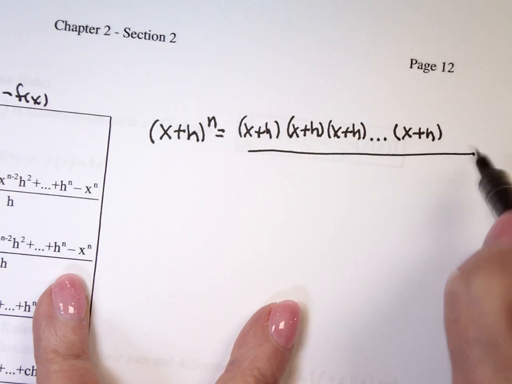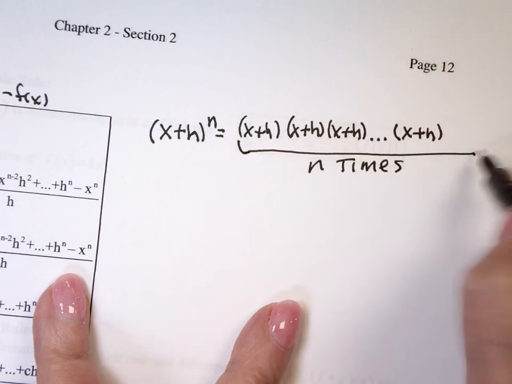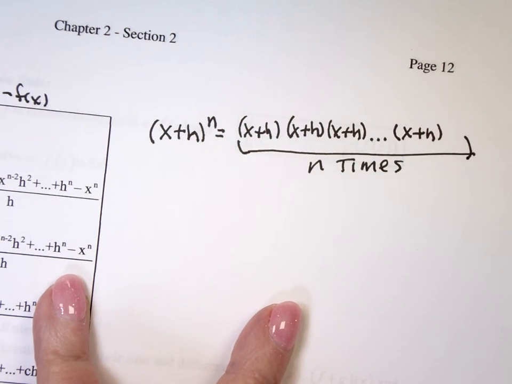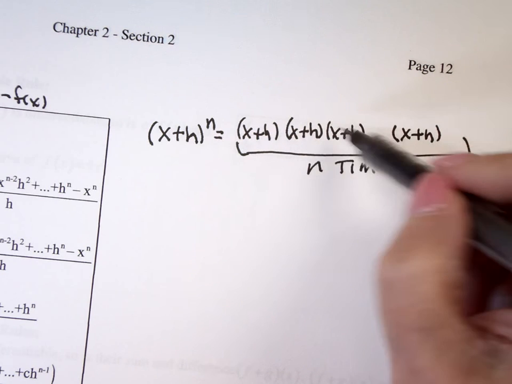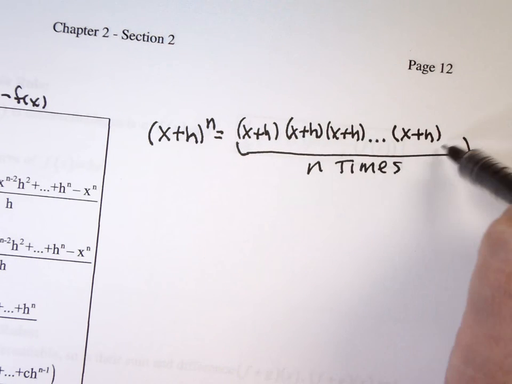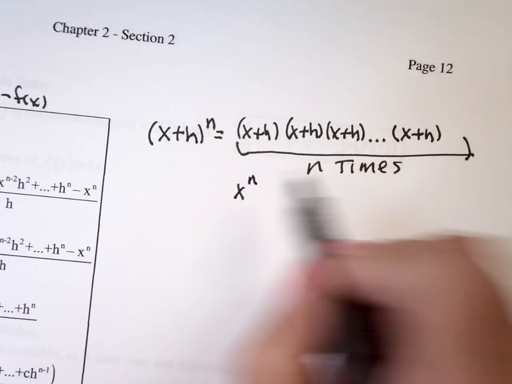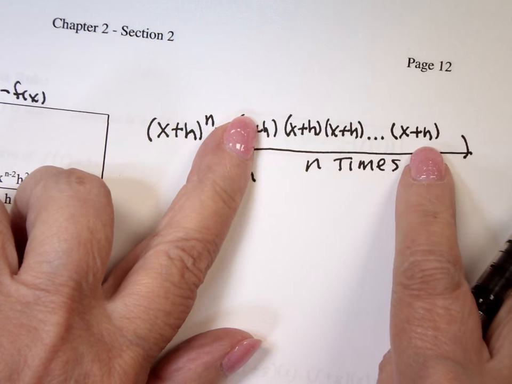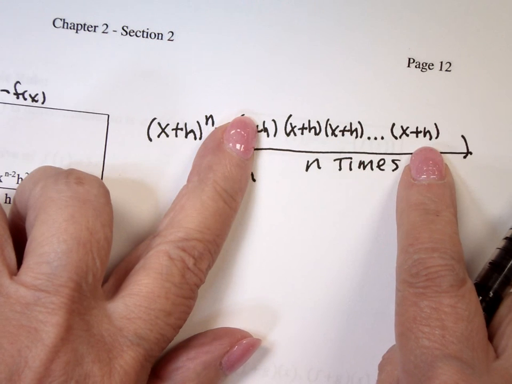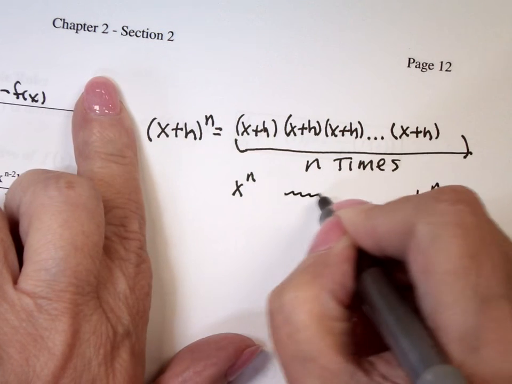This is n times, so there are n of them. The x's are easy, because x times x times x, n times, is just x to the n. So that's where you get the first thing. And then h times itself, n times, is going to be h to the n. Then you've got a mess in between.